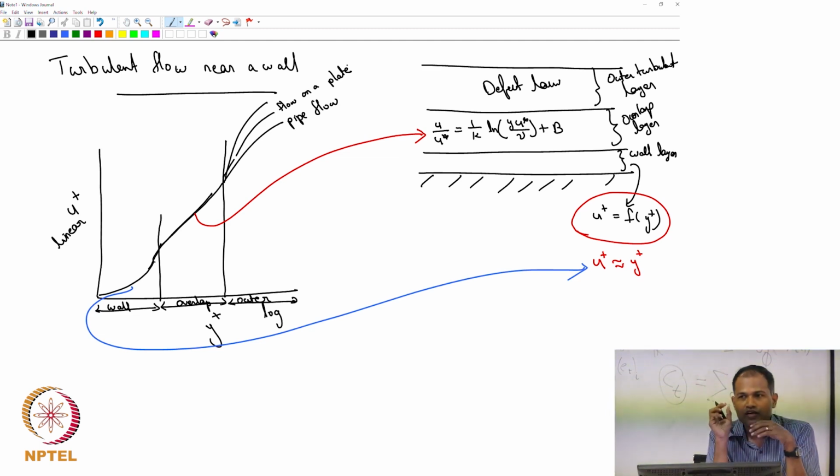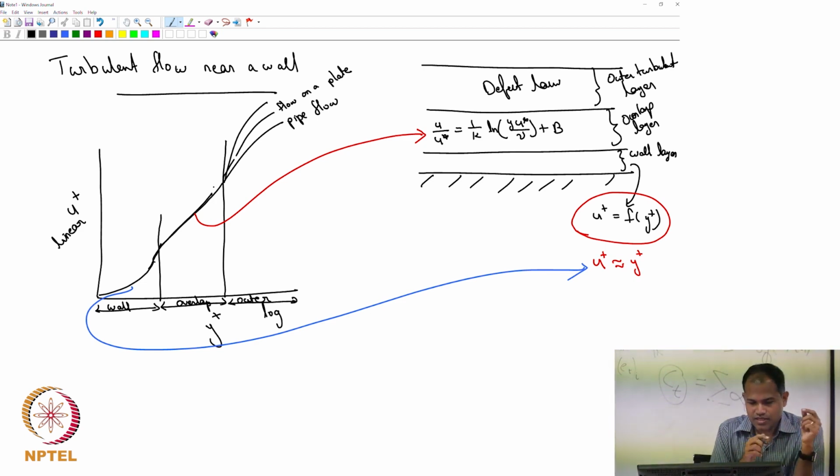The wall layer, dominated by viscous stresses, and the overlap layer are independent of the outer flow field. The outer flow field is the only one dependent on the exact configuration. That's why I have plotted just one line for the wall layer and the overlap layer, because they are universal profiles, and then things start changing.